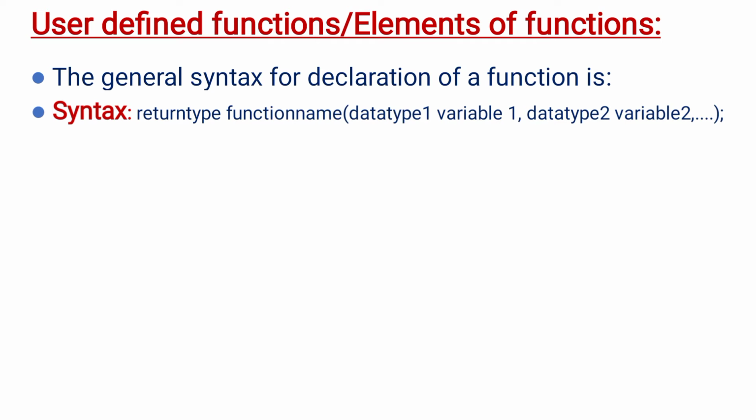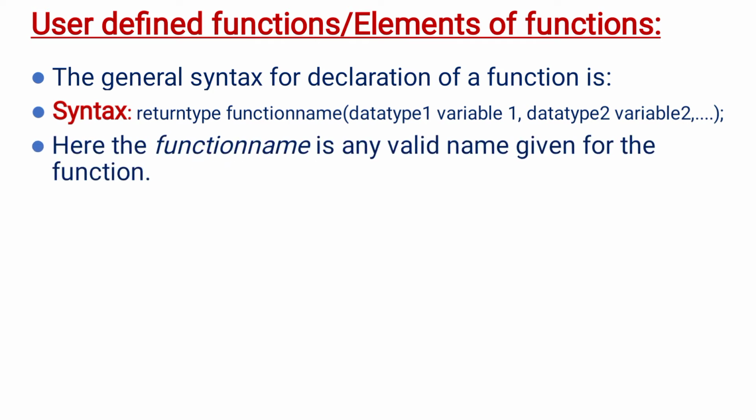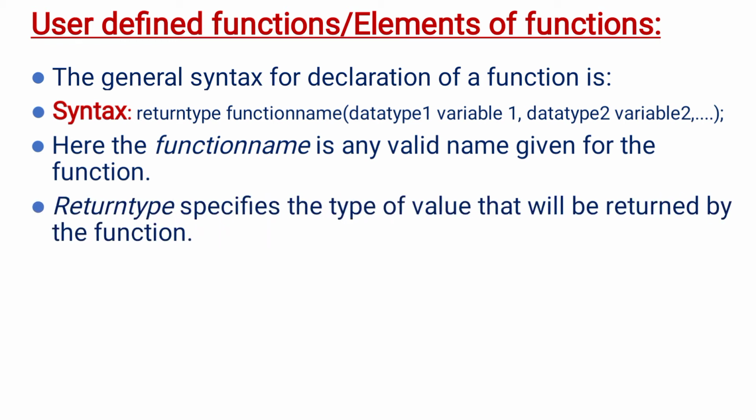So we will see what the return type is, what the function name is and what data type 1 variable 1 is. Here the function name is any valid name given for the function. So you can put any valid name for your function.